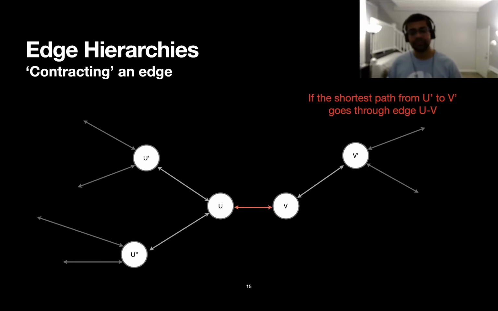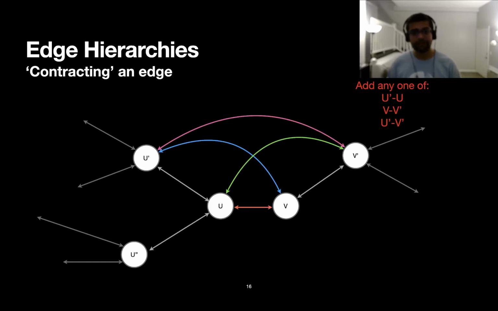Similarly, to construct an edge hierarchy, if the shortest path from U prime to V prime goes through an edge UV, we can add one of the three listed shortcuts without affecting the correctness of our algorithm. So we can add one of U prime U, V V prime, or U prime V prime. And we can remove the original edge, the UV, from the graph.